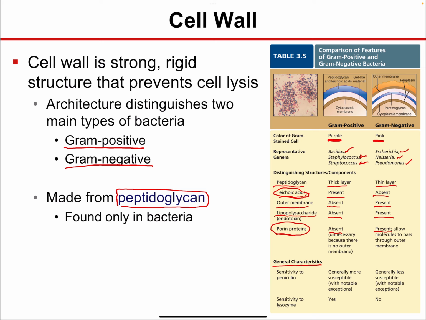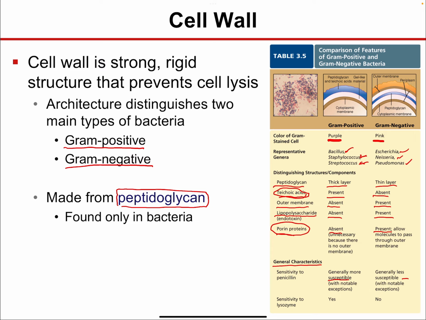Other general characteristics in relation to penicillin: gram-positive are generally sensitive to penicillin, so very susceptible to penicillin, while gram-negative are less susceptible to penicillin. Why? Well, I'm going to tell you up front, it is based on the peptidoglycan.